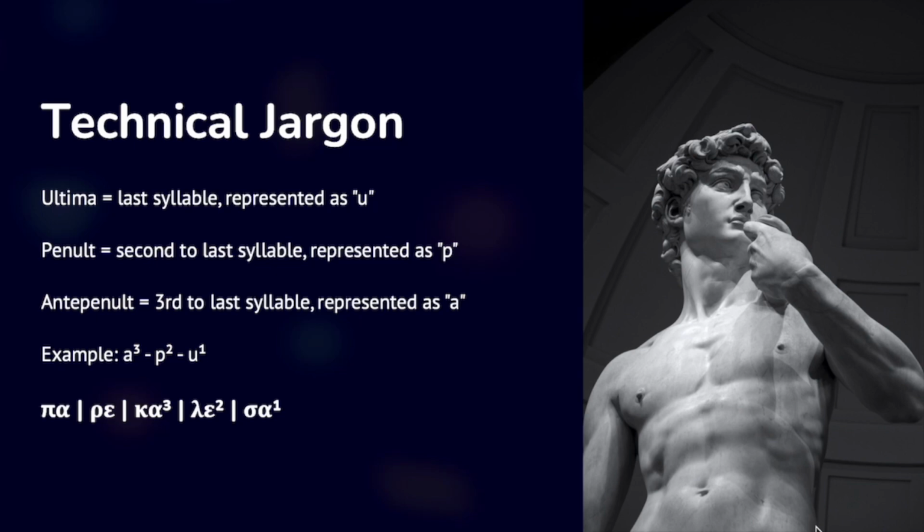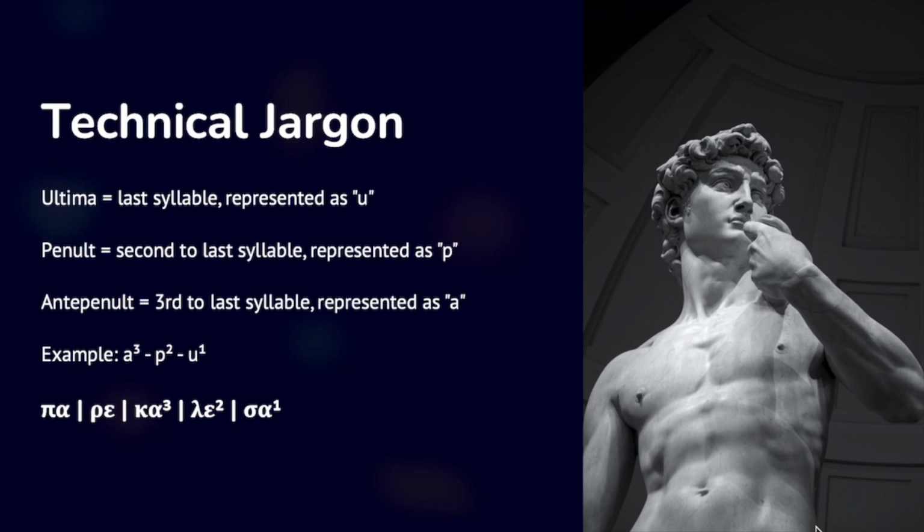So the example that I put here is perikalesa. And you'll notice that there are 1, 2, 3, 4, 5 syllables, but accentuation can only happen on one of the last 3. Therefore, syllables 1 and 2 are out of consideration. So you have a superscript 1 next to sa, and that's saying that this is the ultima.